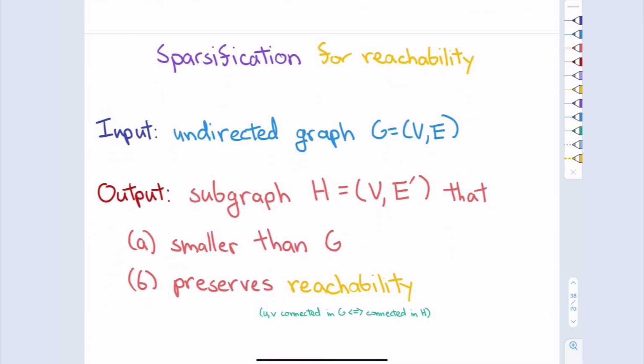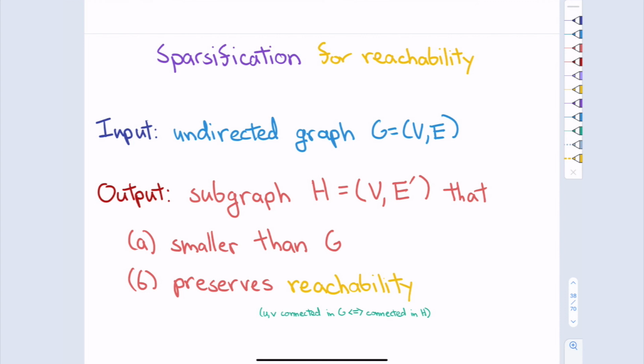Okay, so here's one that you guys already know. Suppose that desired property was reachability. So you get a graph, and I say, find me a subgraph that preserves reachability between pairs. So this is an undirected graph. Find me a graph H that has, I guess, at most n edges, or something much smaller than, say, n squared. Imagine G had n squared originally.